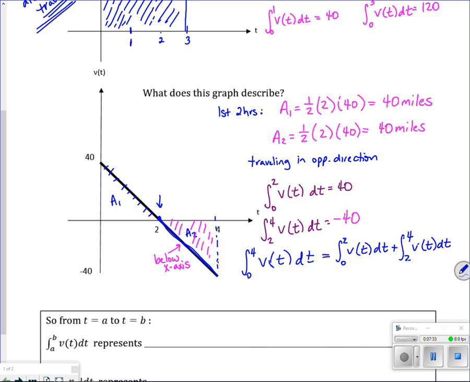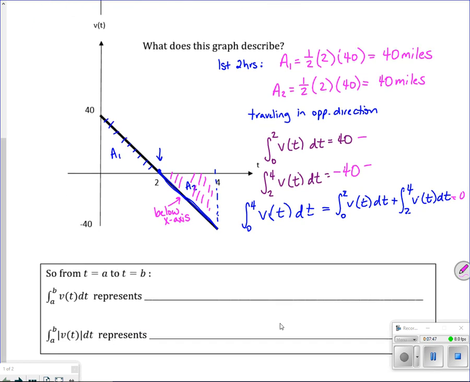What I get is 40 plus negative 40, which gives me 0. What does that mean? You have to realize that this doesn't necessarily represent the distance traveled. This is the total displacement.